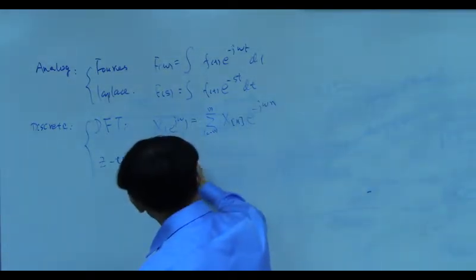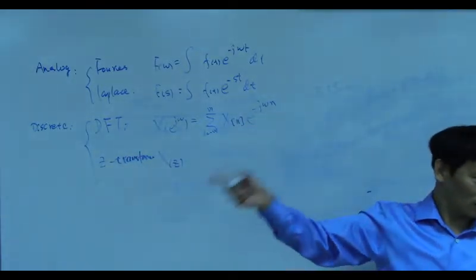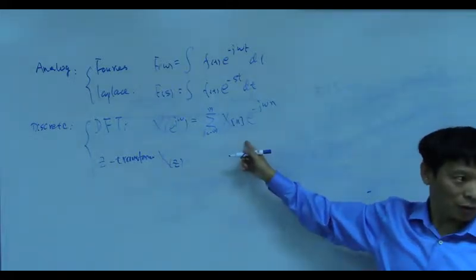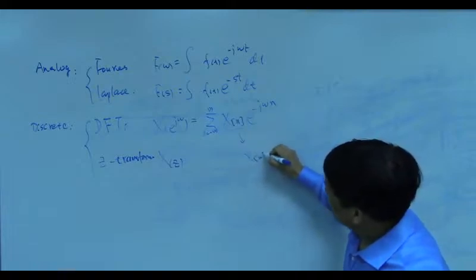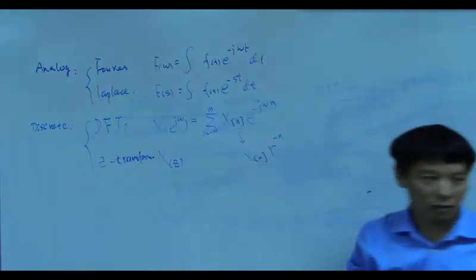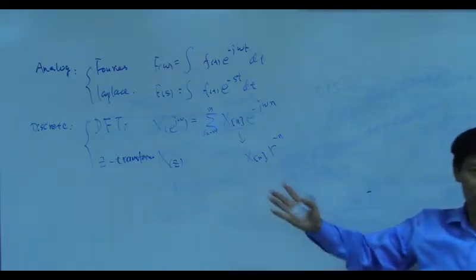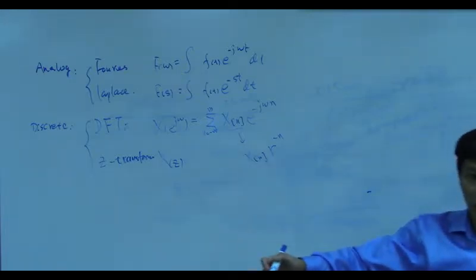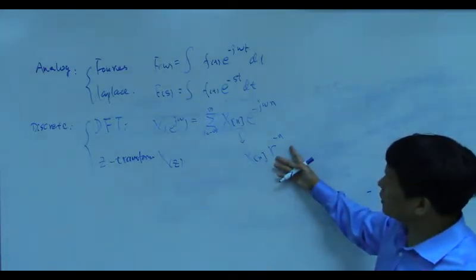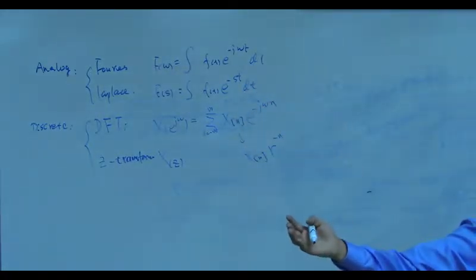The same thing for the Z transform: we want to make more sequences converge. What we do is take x[n] and multiply it by r to the negative n. This looks like a decreasing exponential, making the signals converge to the sum more easily. We combine this term and this term together, as in going from the Fourier transform to the Laplace transform.